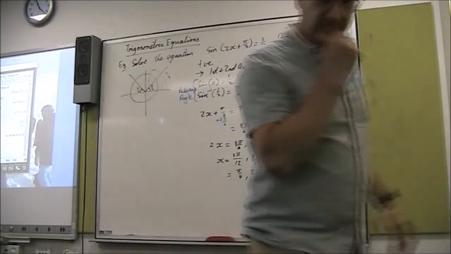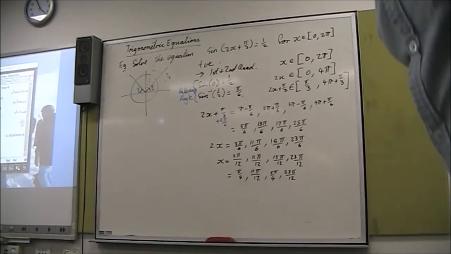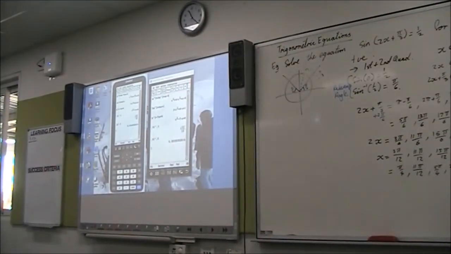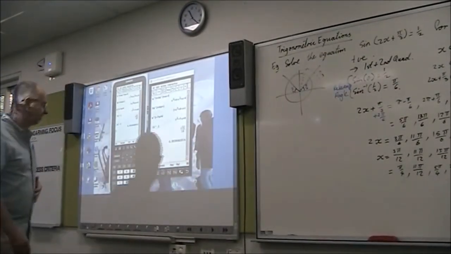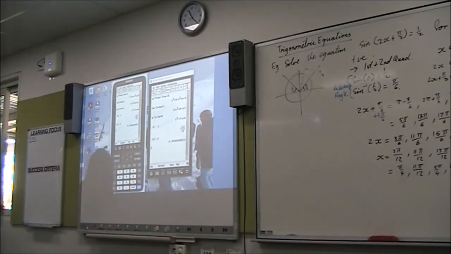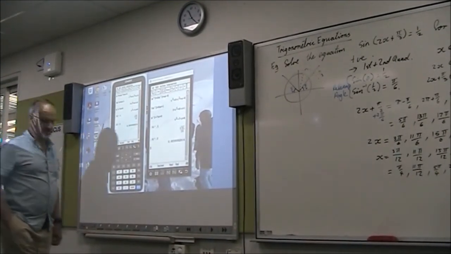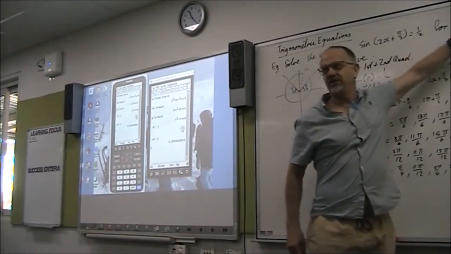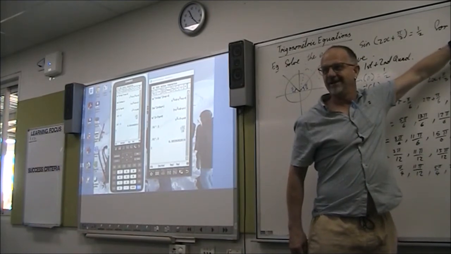Now, in exam 1, you have to do it by hand, but in exam 2, you have your calculator at your disposal. So let me show you how we can do this on our calculator. First thing is, what's our angle measured in? What units are they?